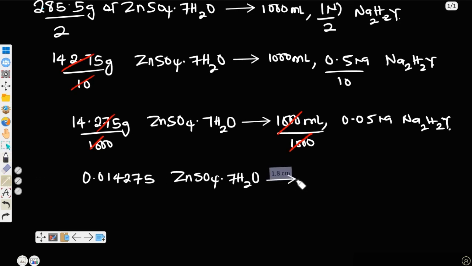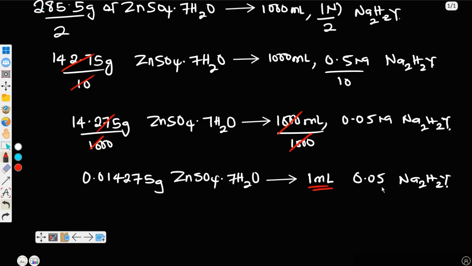Is that okay? Reacting with 1 ml of 0.05 molar sodium editate. So this is your milli equivalent. It means 0.014275 gram of zinc sulfate reacts with 1 ml of this concentration of sodium editate.